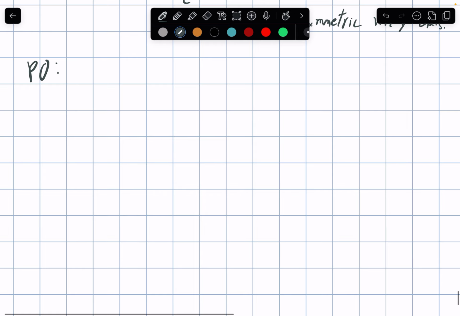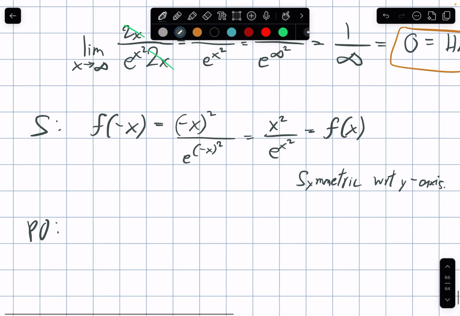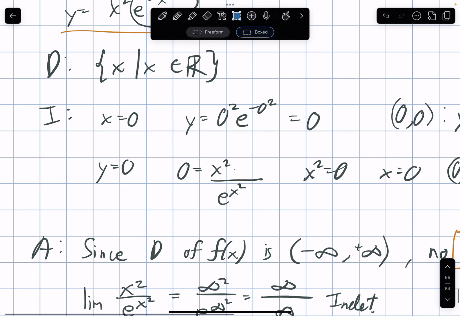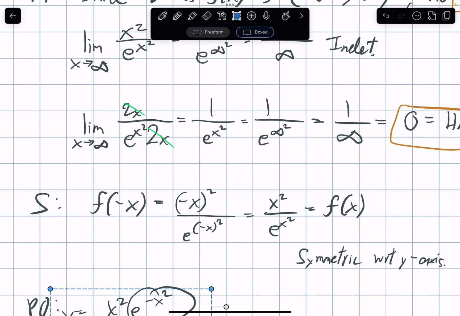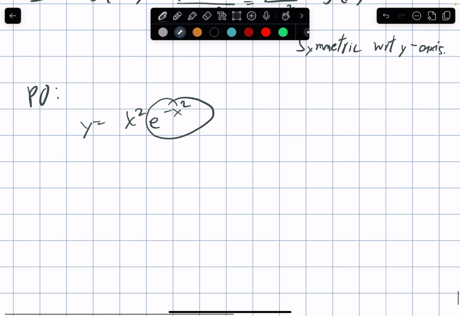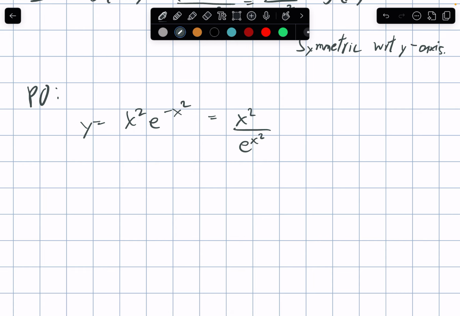Critical points. Again, this is our function, right? So we find the derivative. Quotient rule.